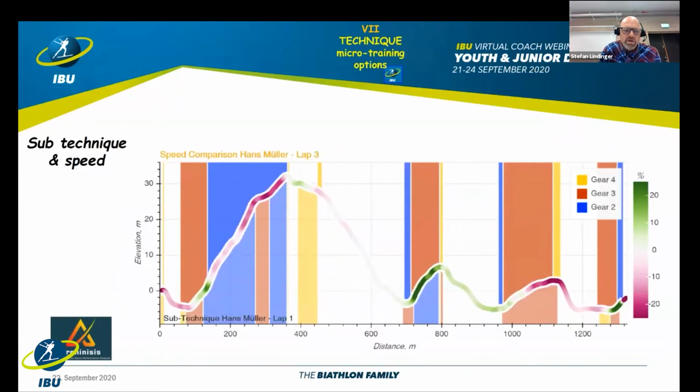And this is the last curve here. This is, for example, 2 skiers to each other or 1 lap to another. Green would say where you were faster than the other athlete, and red would say where you are slower than the other athlete. So it gives you a really nice picture of why and when you lose speed towards another skier or towards yourself during fatigue.